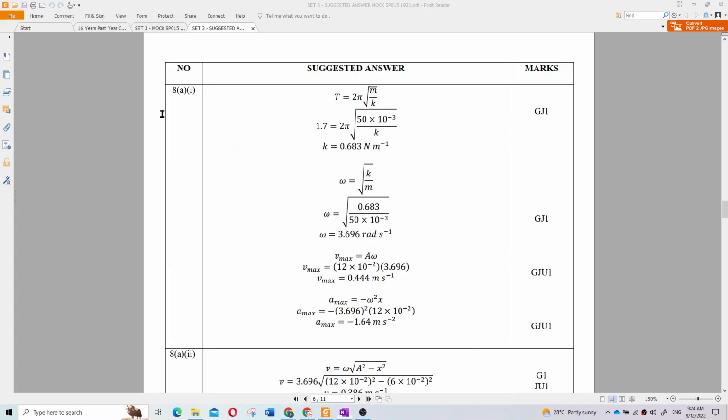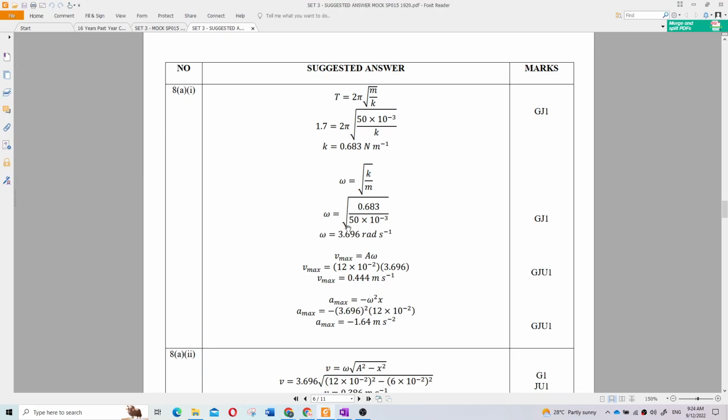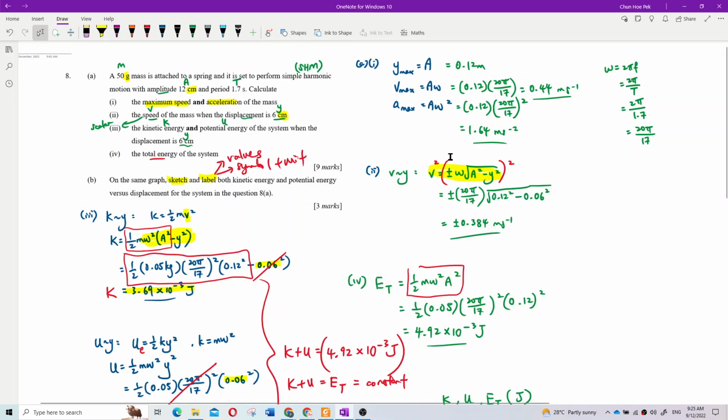It asks you to find the maximum speed. Period, use a long method, never mind. So we got v equal to 0.44. Correct? Correct.